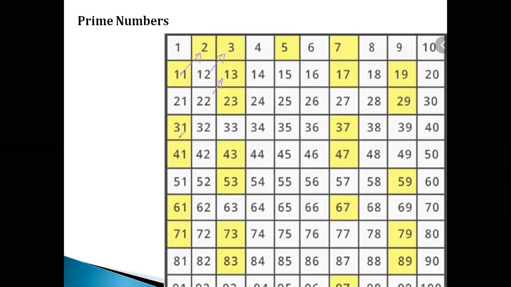The yellow background numbers are the numbers which are divisible by 1 and itself. Let's take 53 here. 53 is divisible by 1 and 53. We can't divide 53 by any other number. That's why it's a prime. And the white background numbers are the composite numbers.